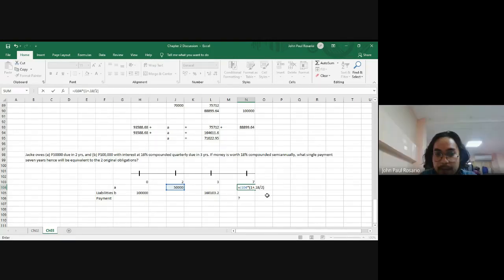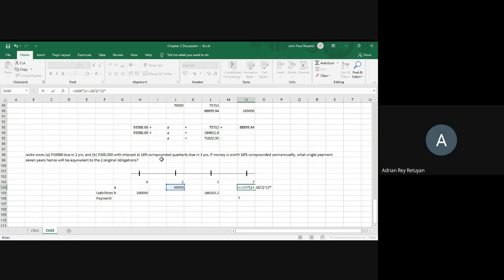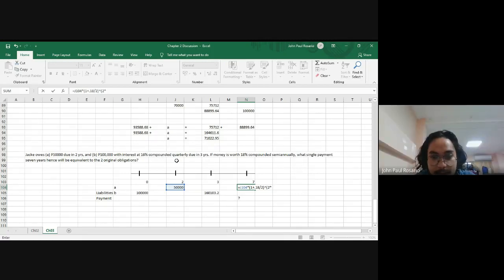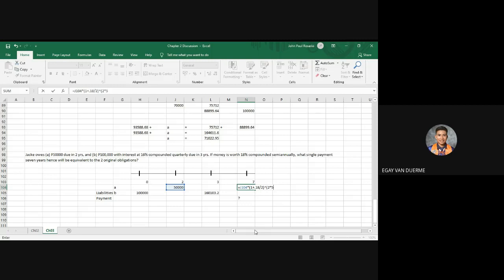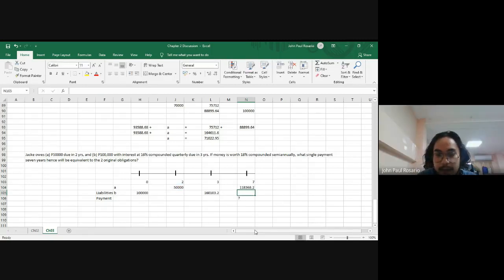Since it's semi-annual, 1 plus 0.18 over 2 raised to the power of 2 times 5, which is 5 years. And then this one, the 100,000 maturity value times 1 plus 0.18 over 2 raised to the power of 2 times 4 years, right?